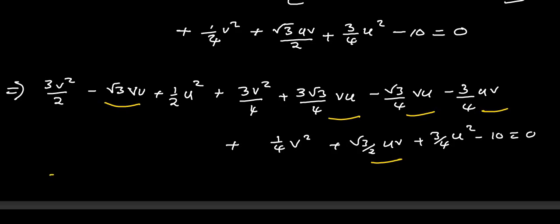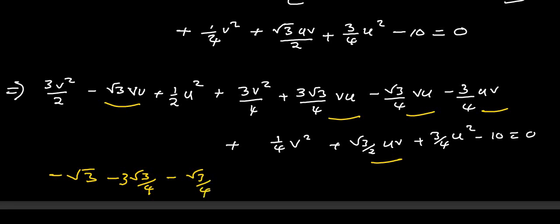I'll just get negative root 3 minus root 3 over 4, then this is going to be another minus. Minus what? This is minus. Okay, this is a 3 root 3 over 4. Then there's a root 3.